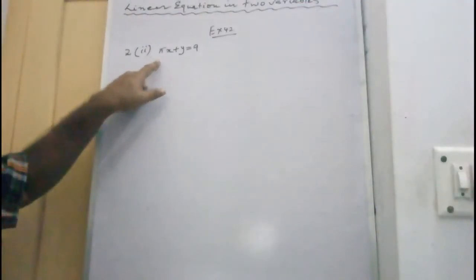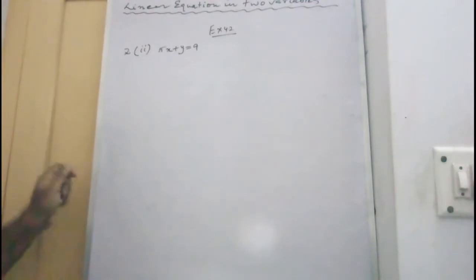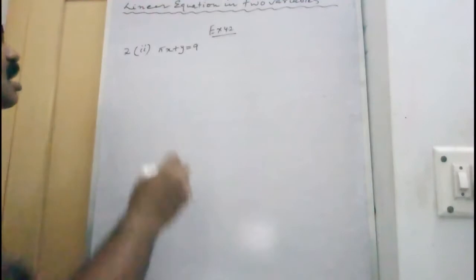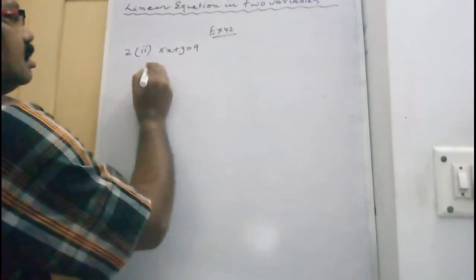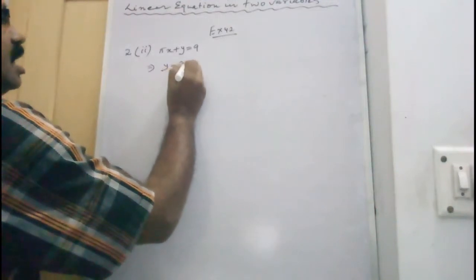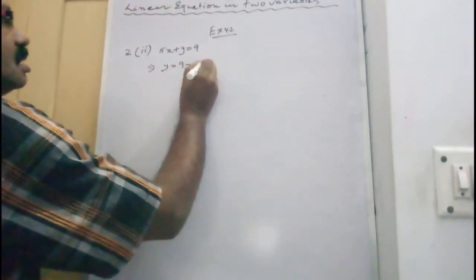The next, pi x plus y equal to 9. Here you also find 4 solutions. So y equal to 9 minus pi x.